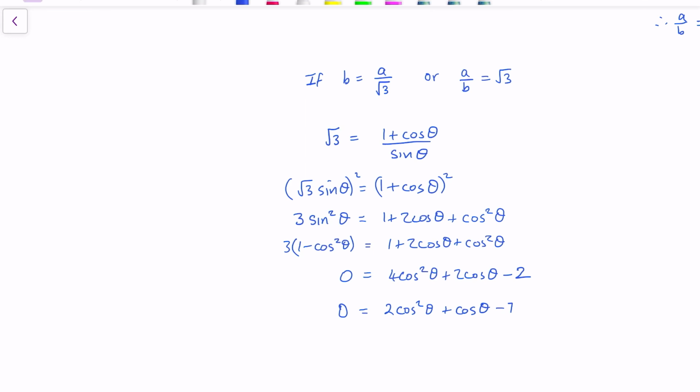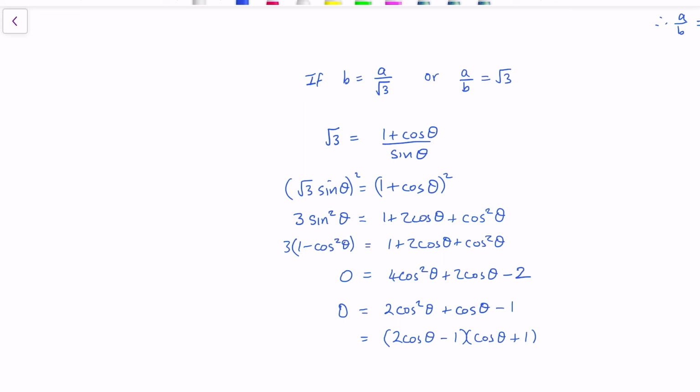And then factor this: 2 cos theta minus 1, cos theta plus 1. Remember when you square both sides of an equation, sometimes you bring in a solution that's not actually a solution.